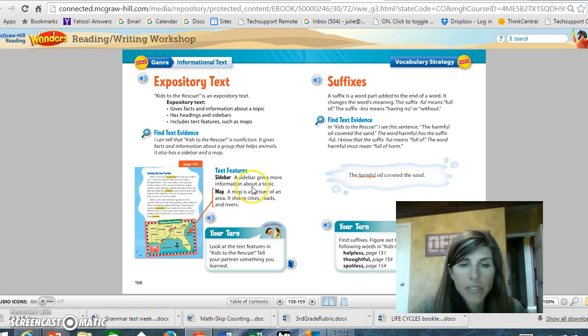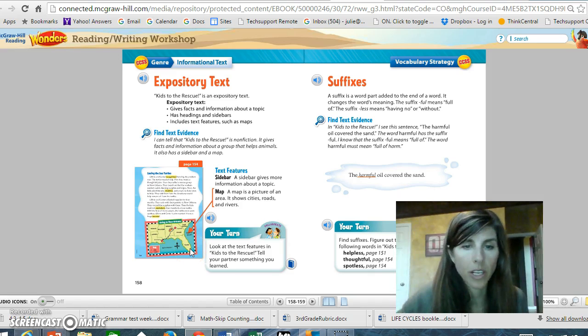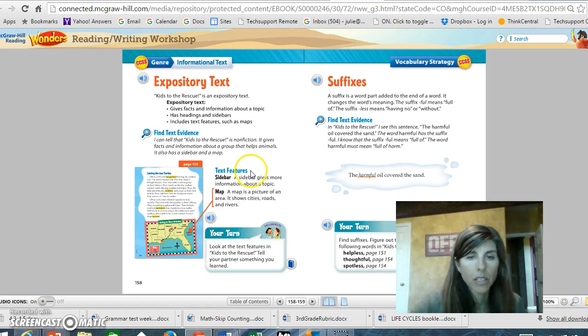A sidebar gives information about a topic. So these are little side pictures or information. And headings, like right here in bold print, you would not see that in a narrative or a story.